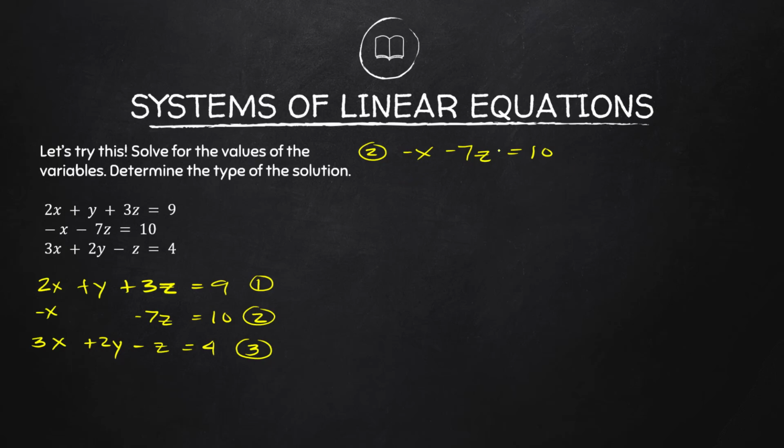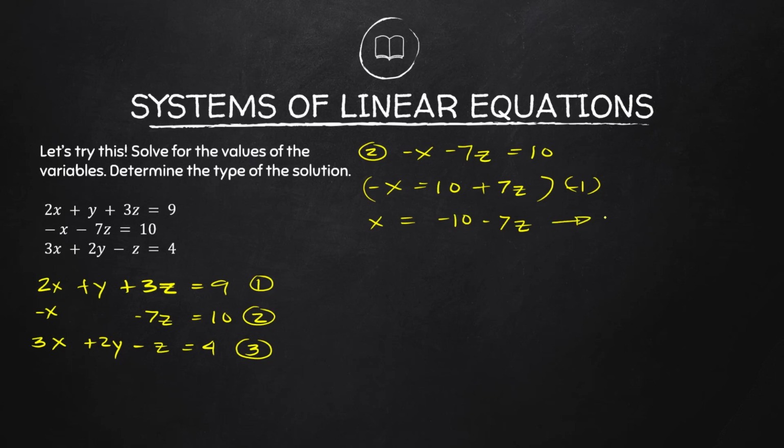Transpose negative 7z to the other side of the equation. We have negative x equal to 10 plus 7z, and then let's multiply this by negative 1 so that we can have x on this side. This is x equal to negative 10 minus 7z.